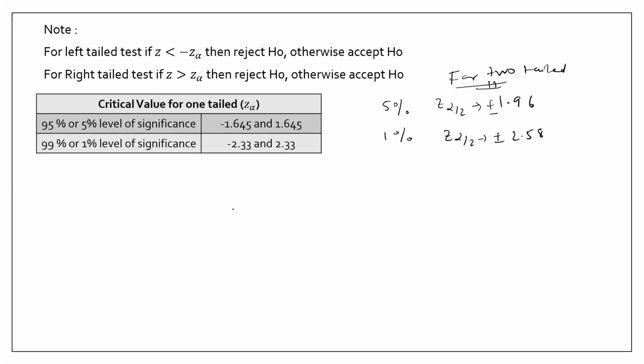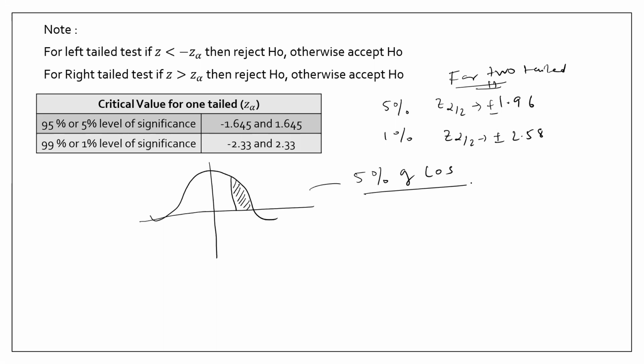So how do we calculate that? For 5% level of significance, let me put this diagram over here once again. I will tell you how to find it for a right tail test. Let's say you are finding it for 5% level of significance. In this case, your alpha value is 0.05.